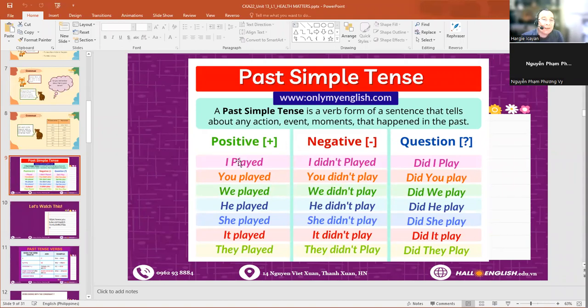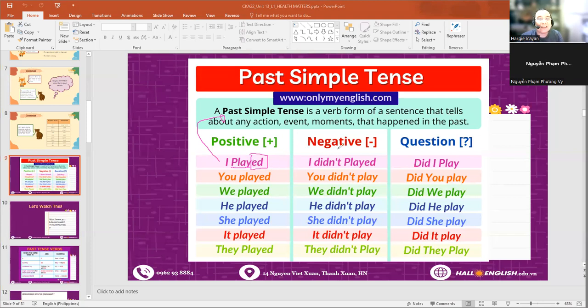So since this one is I played, the base form of the verb is play, right? So we just add ED to make the simple past tense, right? Right, V?